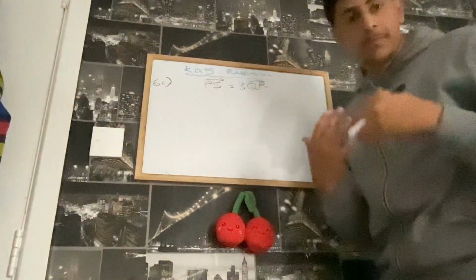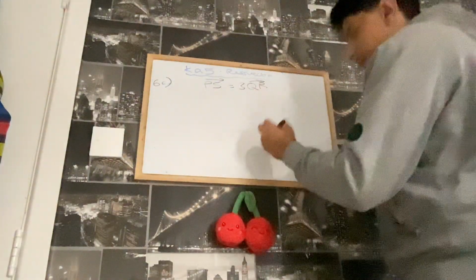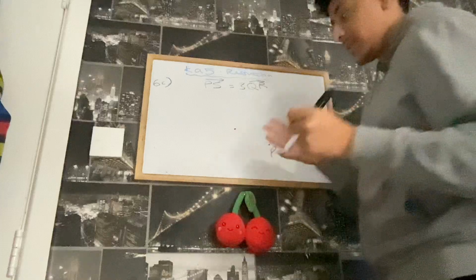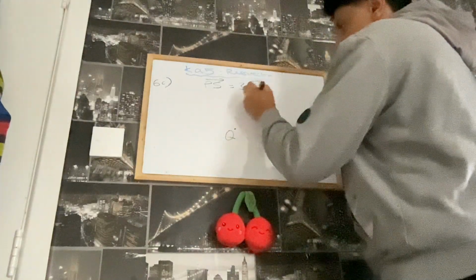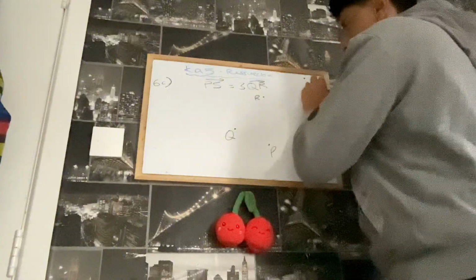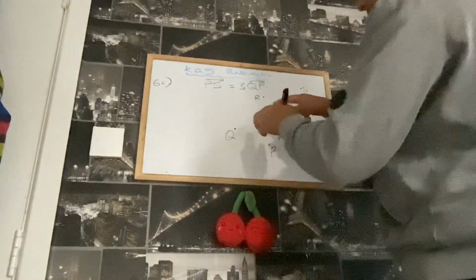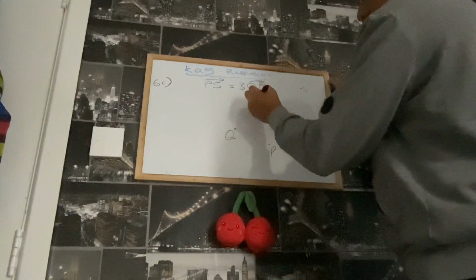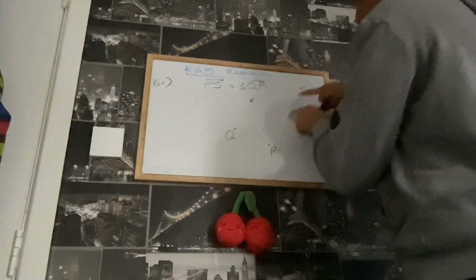From the previous question, we know where P, Q and R are, roughly estimating here. We know P to S should be somewhere here, because if Q to R is 1, this is 1, 2, and 3.